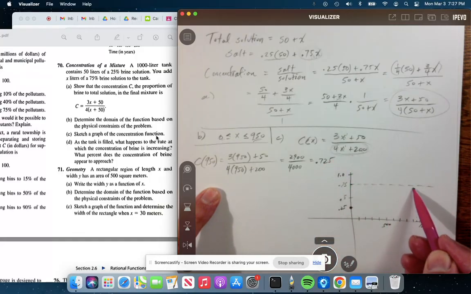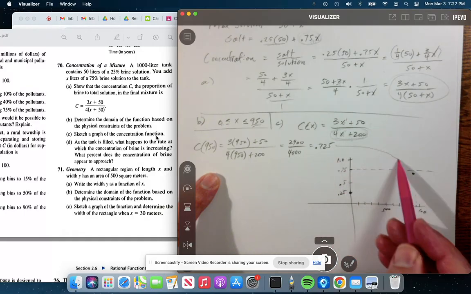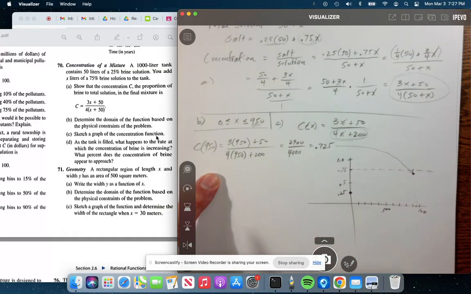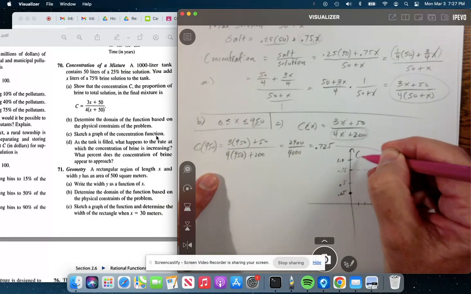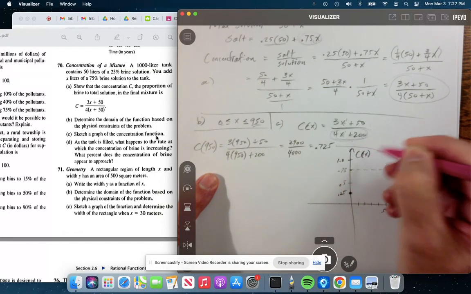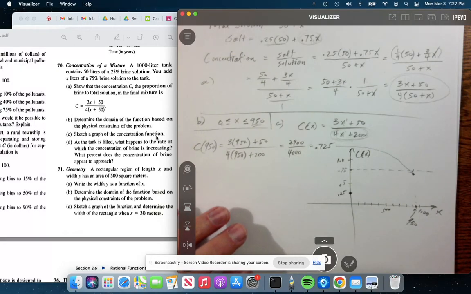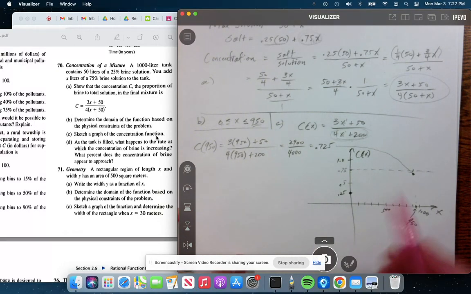So I'm approximating that number right there. That looks like right there. That's 950 for X. This is X. And this is the concentration, which is a function of X. C of X.